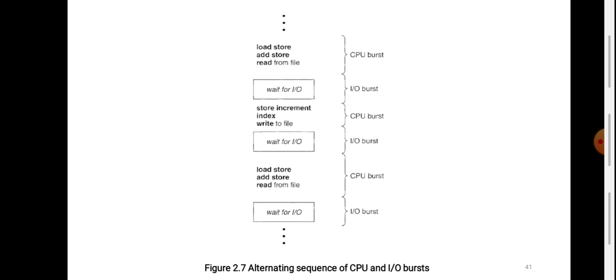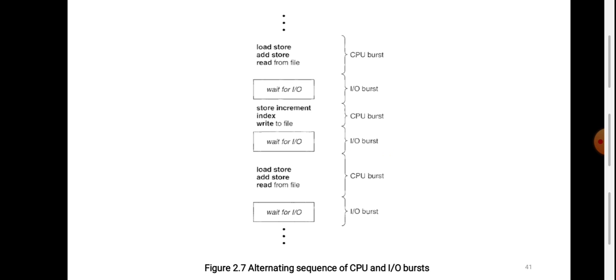Once it completes the input output device work, again it wants to use the CPU. In the CPU, it starts executing instructions like store, increment index, and write to file. During this period it is called a CPU burst. Once again the process gets the chance to use an input output device, and it has to wait for that device.